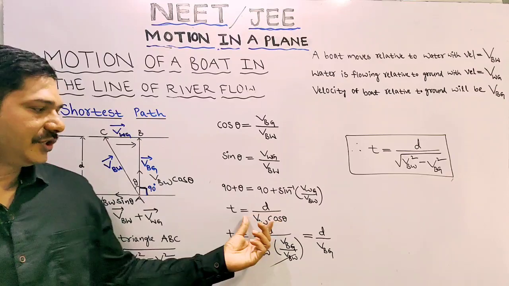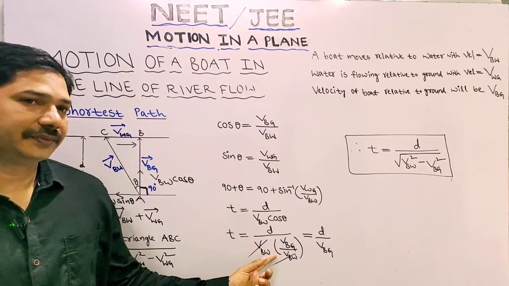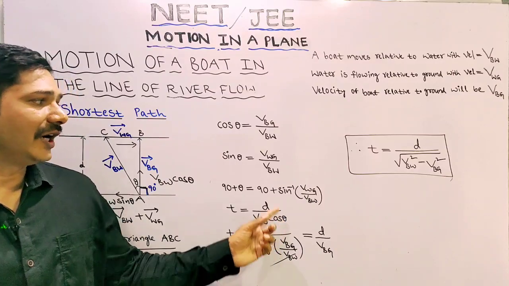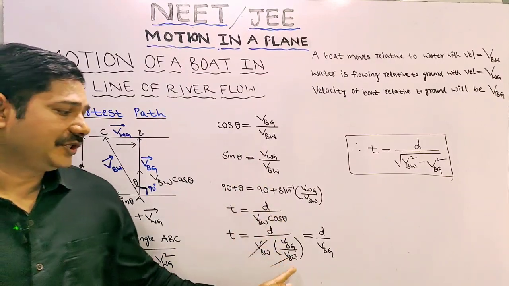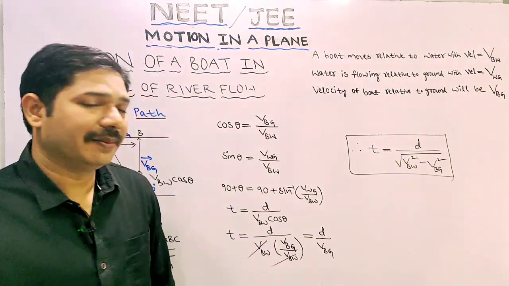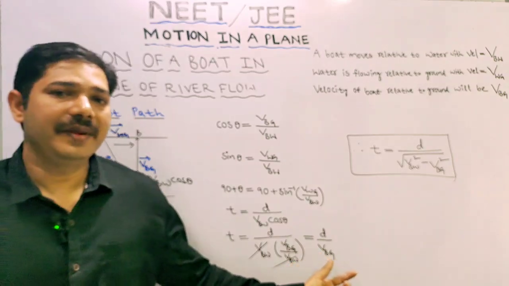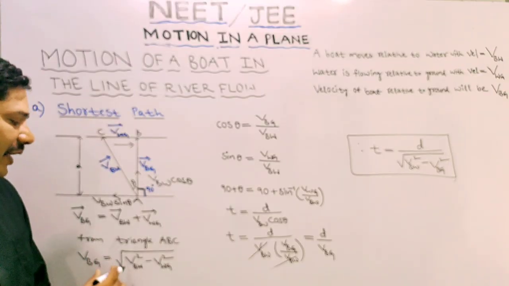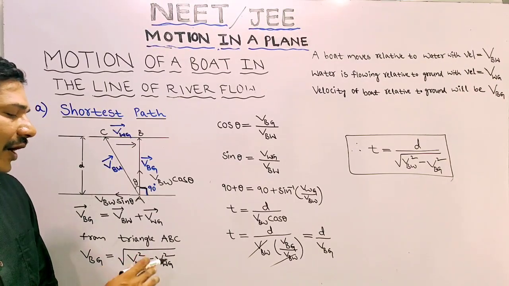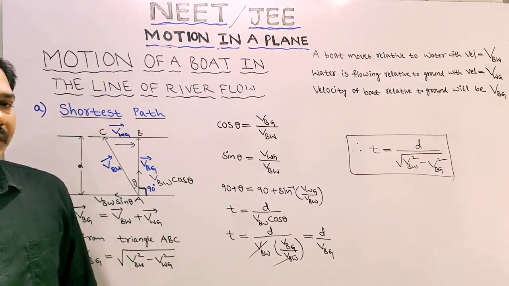So here cos theta is taken, so d by V_BW into cos theta, which is V_BG by V_BW. Here V_BW cancels, that equals d by V_BG, and we already know that value: under root V_BW square minus V_WG square.